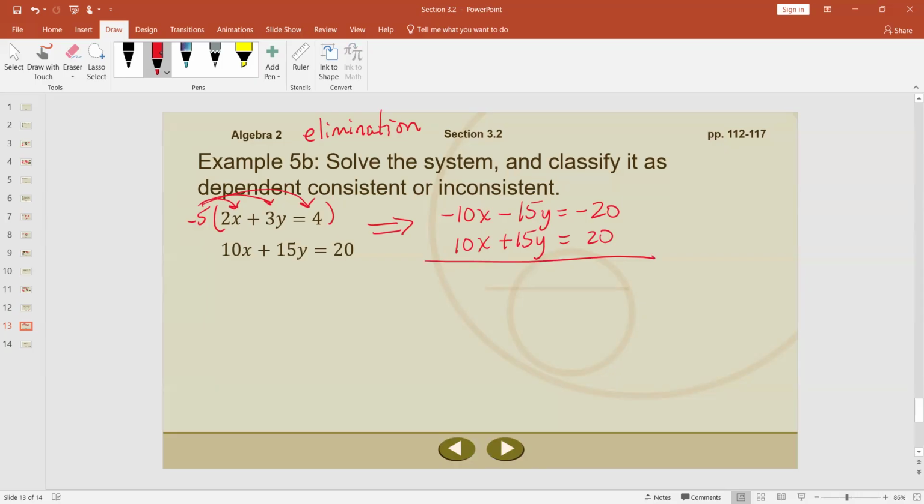And you can see now that negative 10x plus 10x is 0, negative 15y plus 15y is 0, and negative 20 plus 20 is 0. So we end up with 0 equals 0, which is a true statement. Therefore, we have a dependent consistent system.